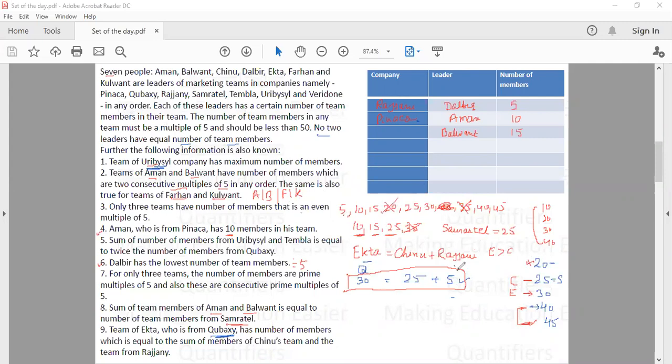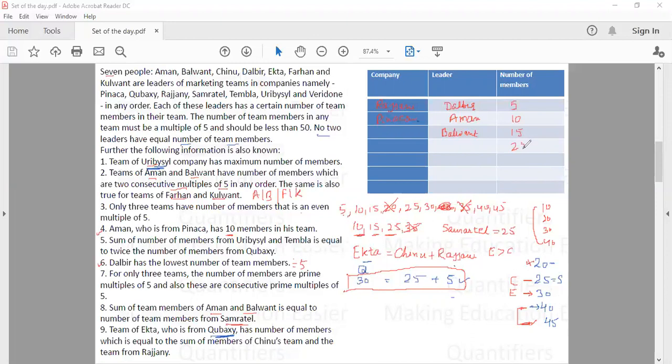This is again not possible because if I take 20 into consideration, then again Farhan and Kulwant cannot have numbers of members which are consecutive multiples of 5. So the only possibility for Farhan and Kulwant is that they have either 40 or 45 members in their team, in any order. I do not know whether Farhan has 40 or 45. So after 5, 10, 15, 20 is rejected.